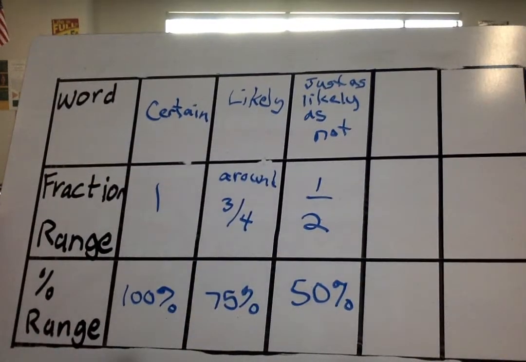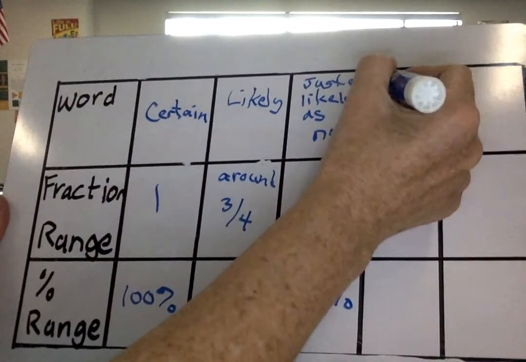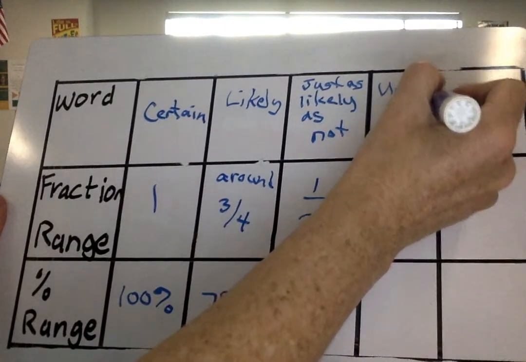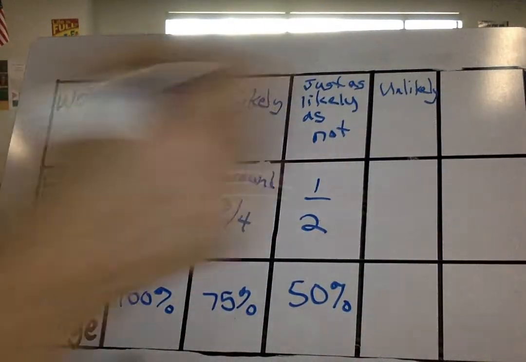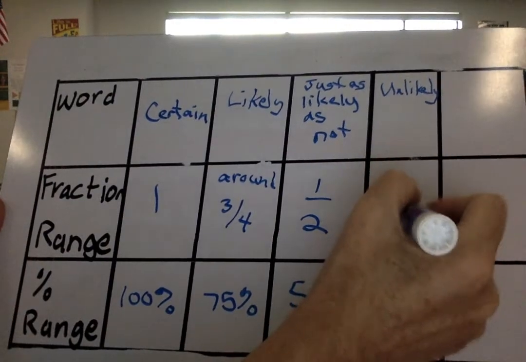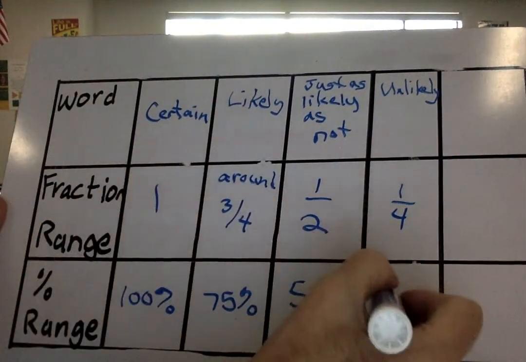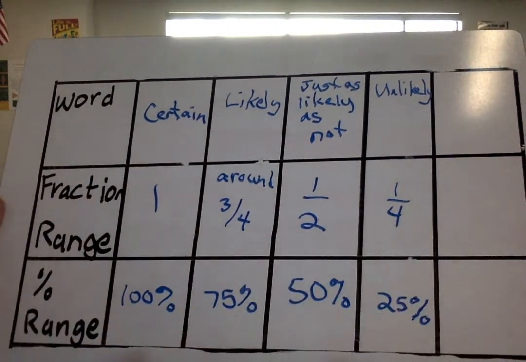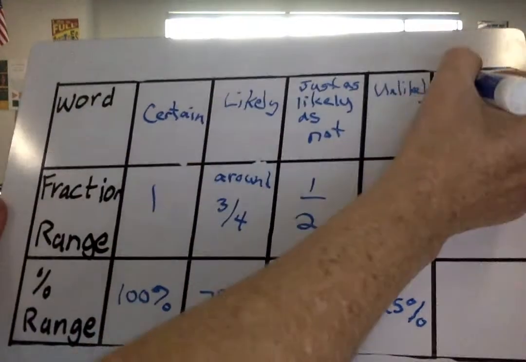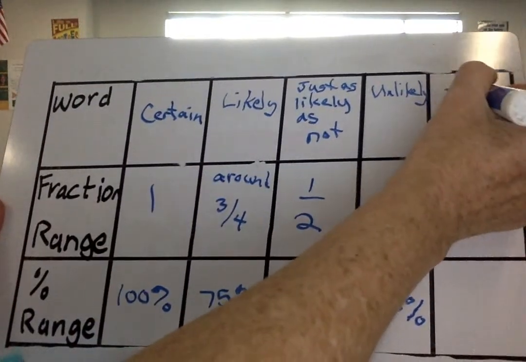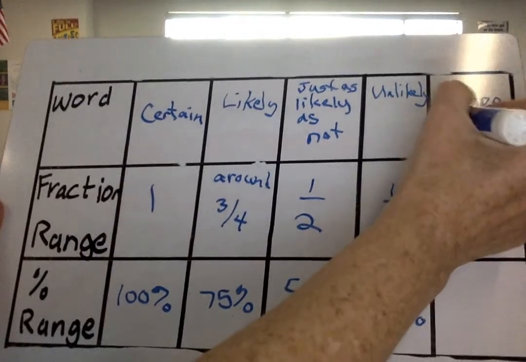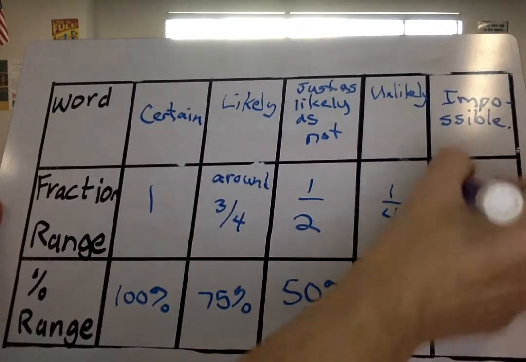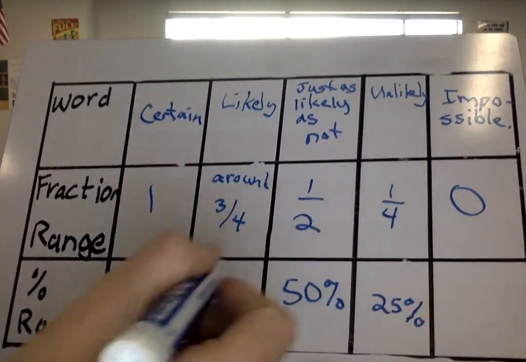Okay? Then if something is unlikely to happen, that's around a 1/4 chance, and that's around 25%. And you could write the word around there, but I'm not going to take the time to do that. Okay, if something is impossible, that's going to be the opposite, and it will also be 0%.